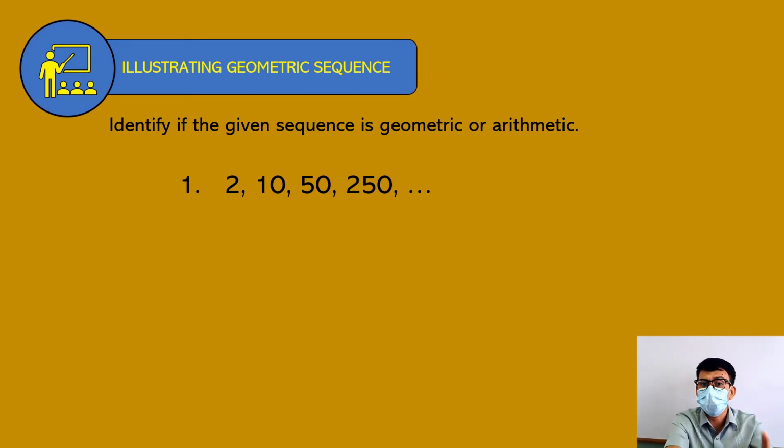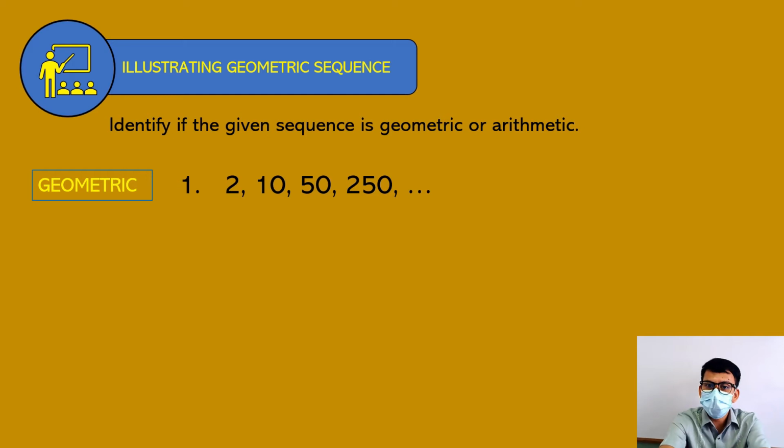Now, let's check if it is geometric. 10 divided by 2 is 5. 50 divided by 10 is also 5. 250 divided by 50 is still 5. So there is a common quotient when we divide the current term by the previous term. So we can say that number 1 is a geometric sequence.